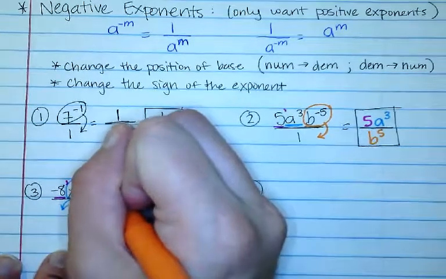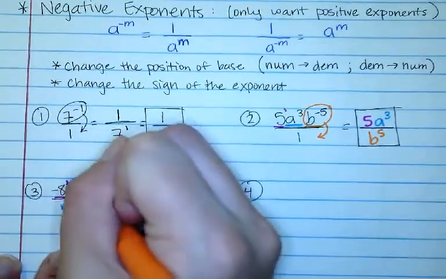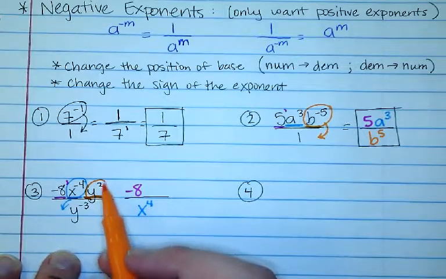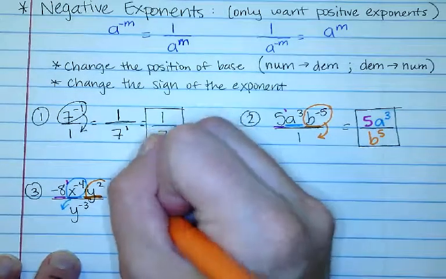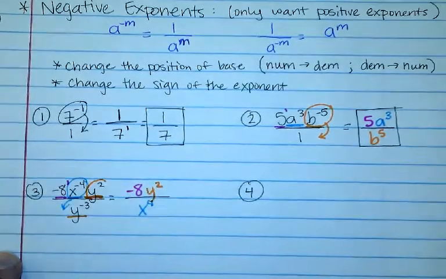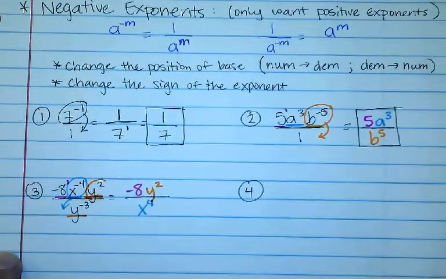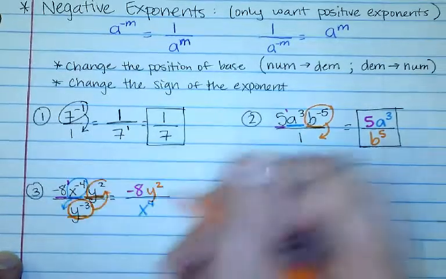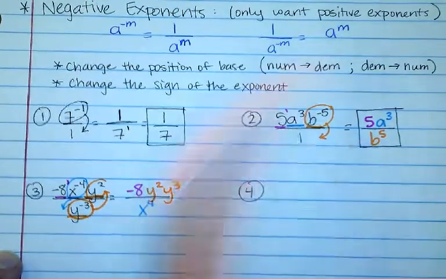Does this need to change floors? Is that a positive 2? Yeah, so we're just going to leave it up here on the top. And then the last one here, my y to the negative 3, does this one need to change floors? It sure does, because it's a negative exponent. So it's also going to move up top. Are you guys comfortable with that?